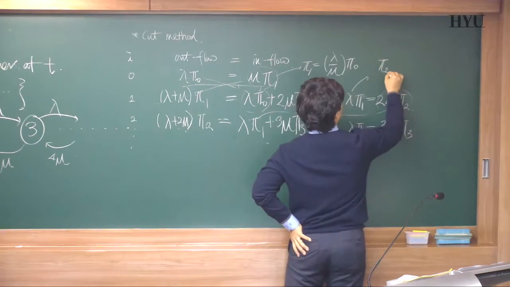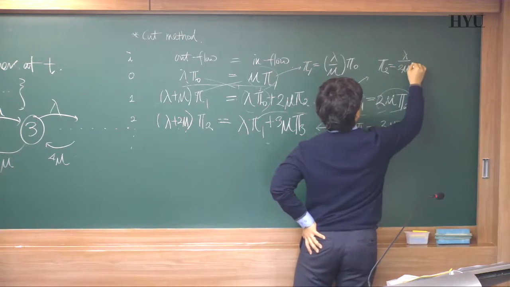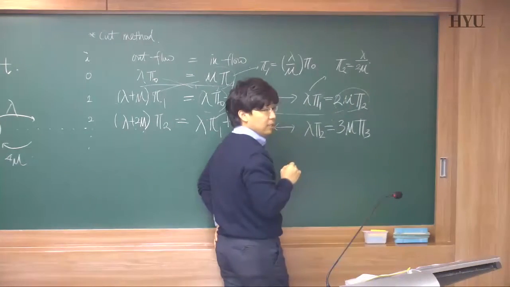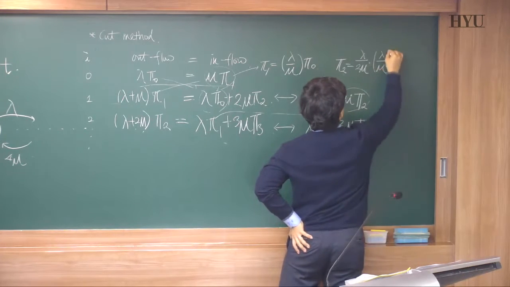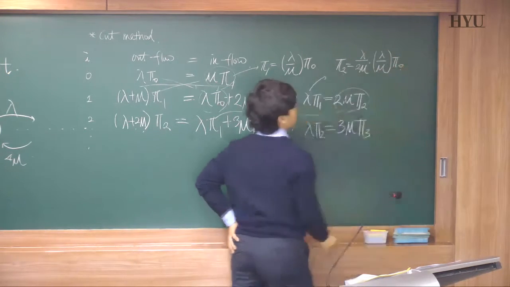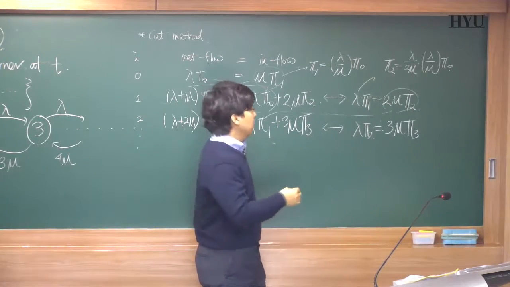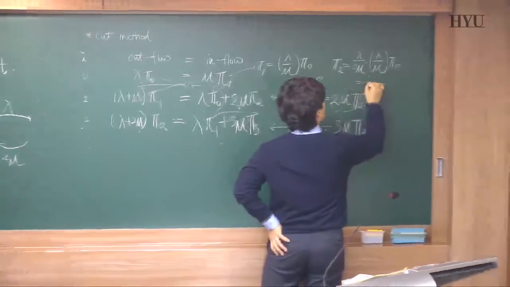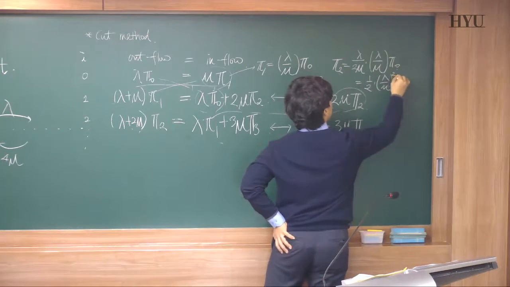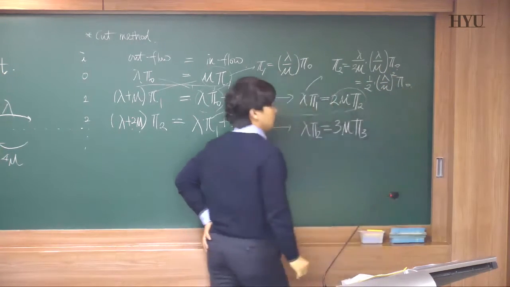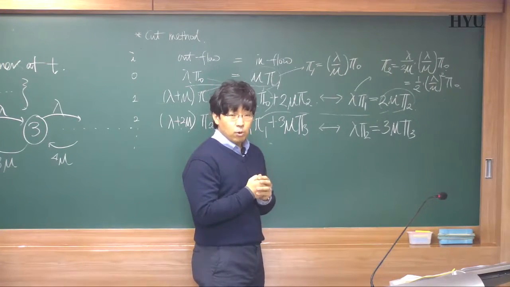Pi 2 is lambda over 2 mu times pi 1, right? And pi 1 is lambda over mu pi 0. Okay? We can rewrite this like a half times (lambda over mu) squared pi 0. Okay?